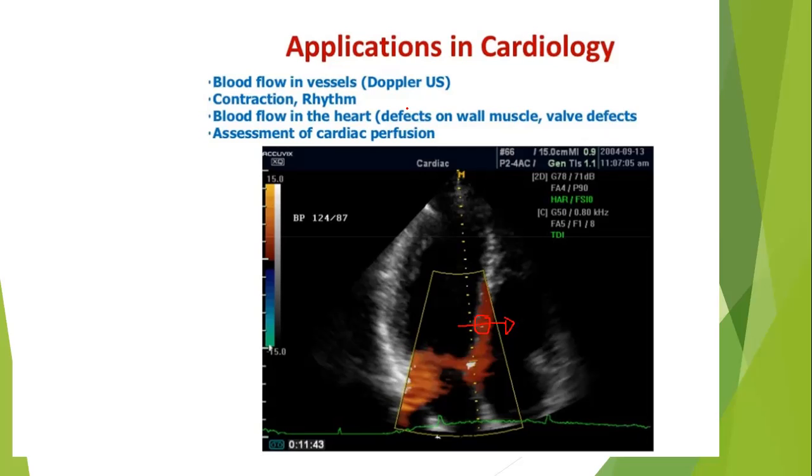So when we're using Doppler ultrasonography, we can see the blood flow. So we would see an abnormal flow of blood going from the left ventricle to the right ventricle. Okay, that is actually called a shunt. Okay, does anybody know what a shunt is?